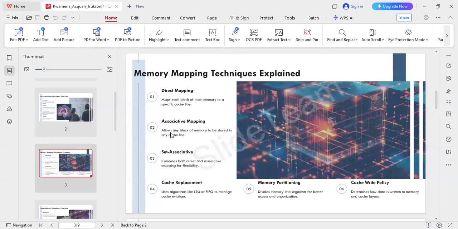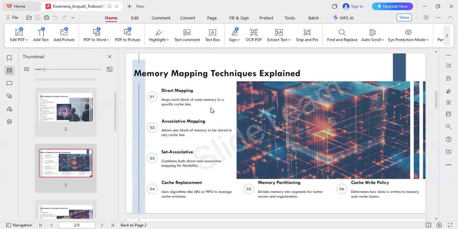The next one is memory mapping techniques. Number one we have here is direct mapping. I explained direct mapping previously, so I'm just going to summarize it. With direct mapping, it maps each block of memory to a specific cache line.